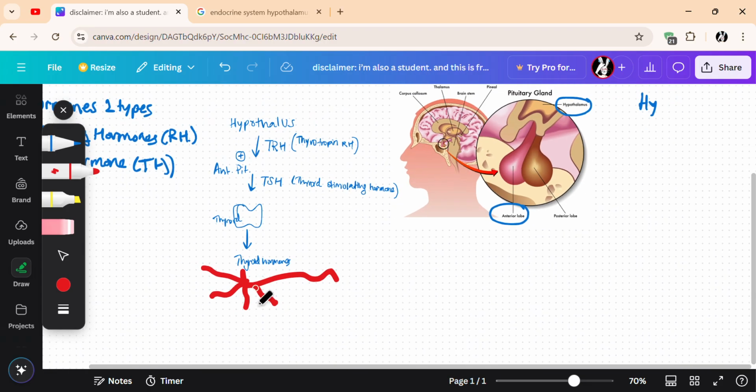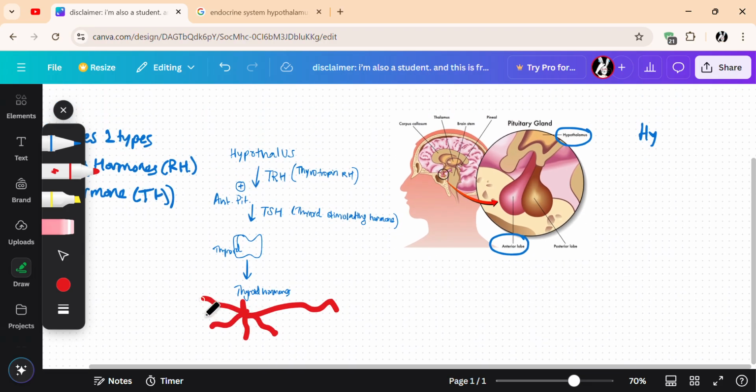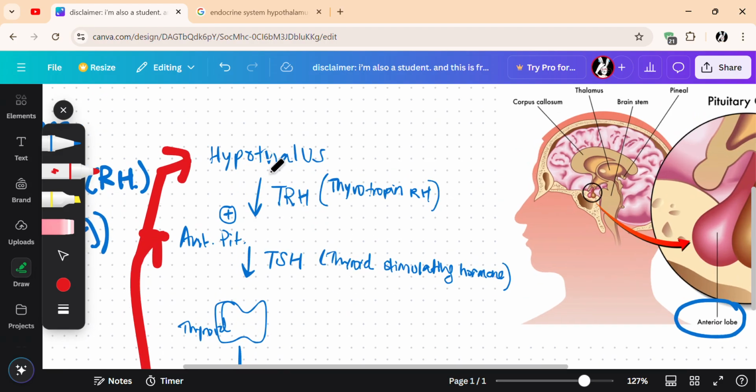However, these thyroid hormones will also come back and eventually get back to the anterior pituitary and also the hypothalamus.